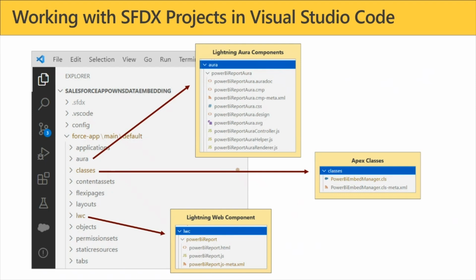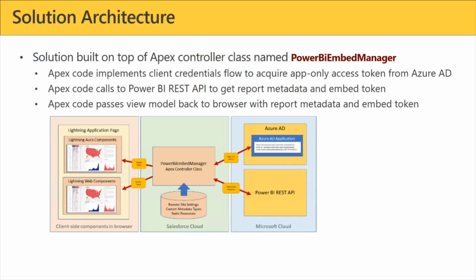There's plenty that still use Aura components and haven't moved to Lightning Web Components because they're a little new. Lightning Web Components have a lot of neat advantages as well. So as you're creating the server-side code and then the client-side component, you really can choose between Lightning Aura components and Lightning Web Components.